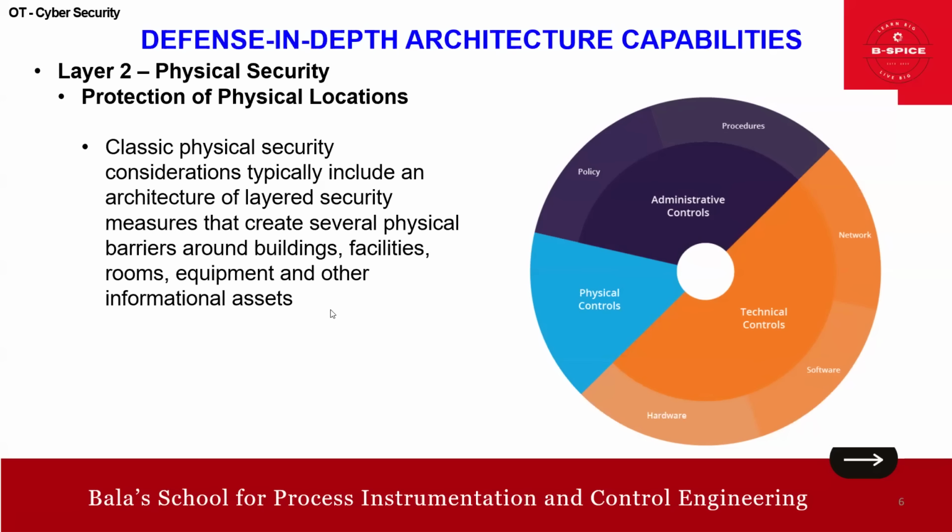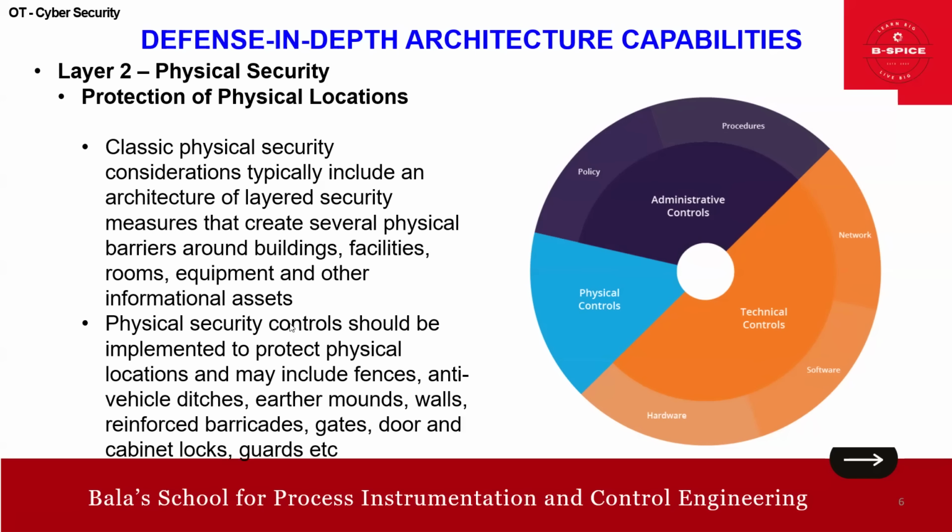Physical security controls should be implemented to protect the physical location and may include fences, anti-vehicle ditches, earthen mounds, walls, reinforced barricades, gates, doors, cabinets, locks, guards, etc. All these come under the physical location. That's about the protection of physical location.